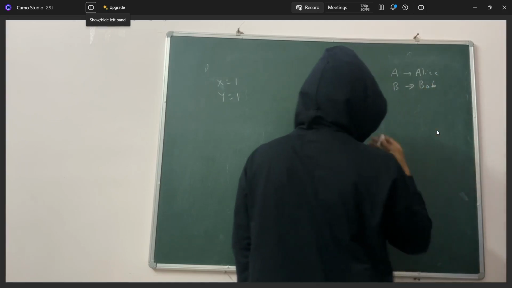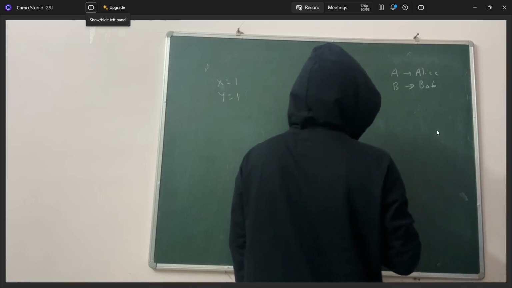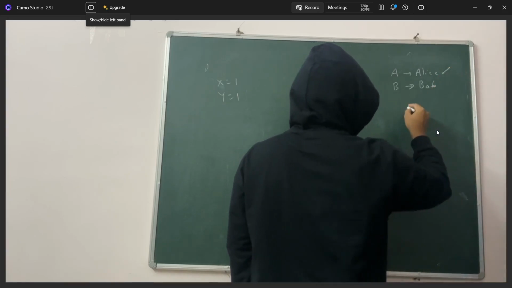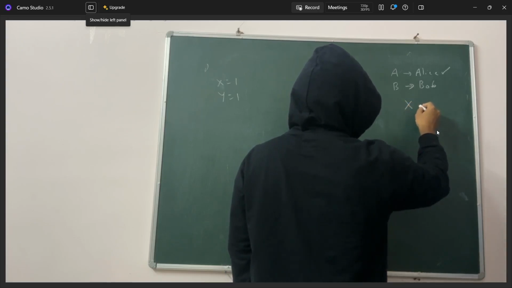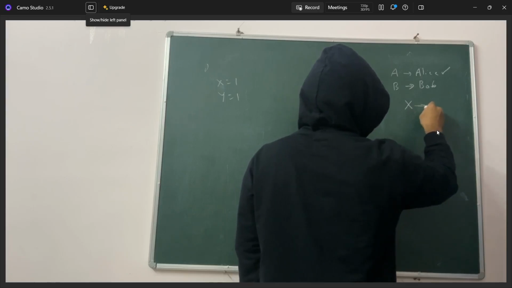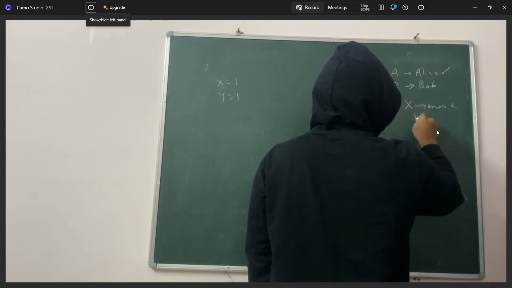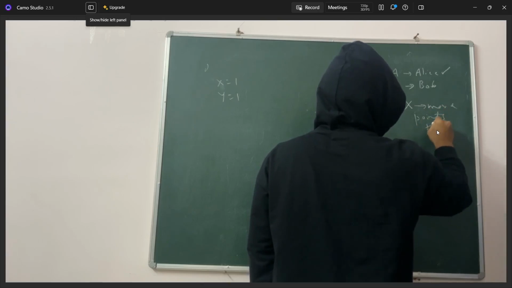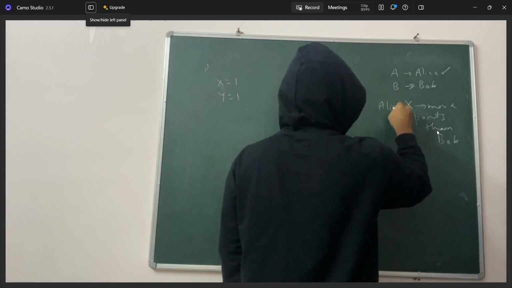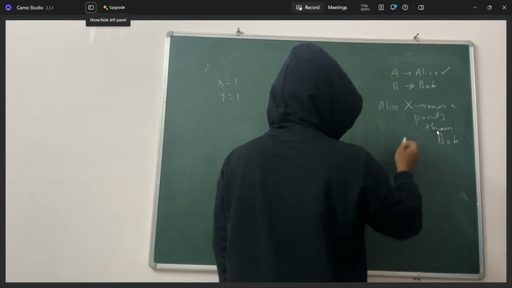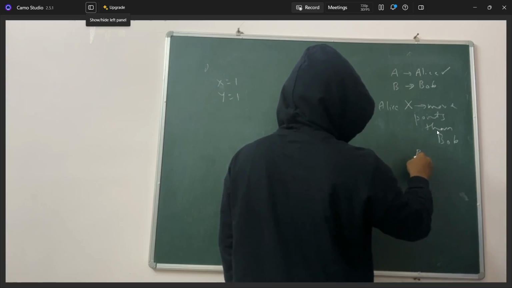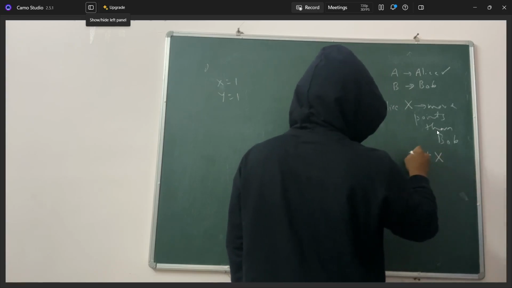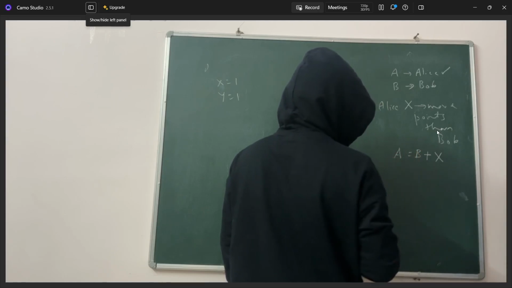In the question they have said Alice will score X more points than Bob. So whatever B, the score of Bob, is, if you add X to it, it is going to be the score of Alice. So you've got one equation, A = B + X.